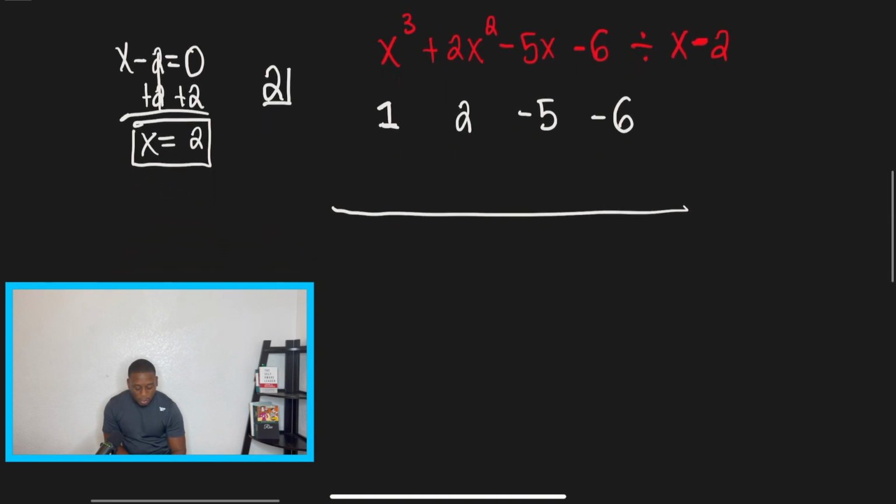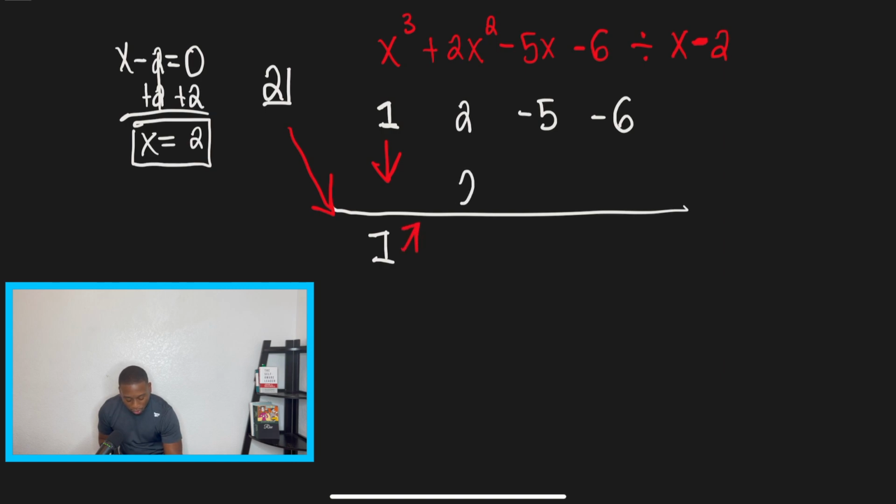Let's go through and solve. We bring down our first term, and now we start to multiply and add. When I multiply 2 times 1, let's draw our arrows, I get 2 as an answer. Now I add both of those, and I get 4.